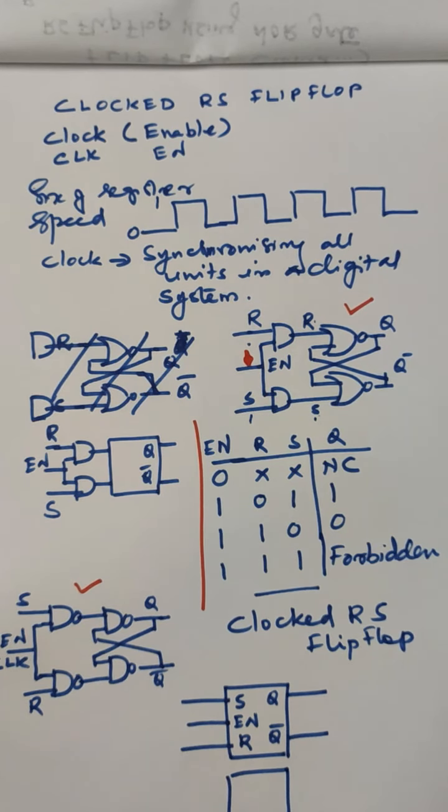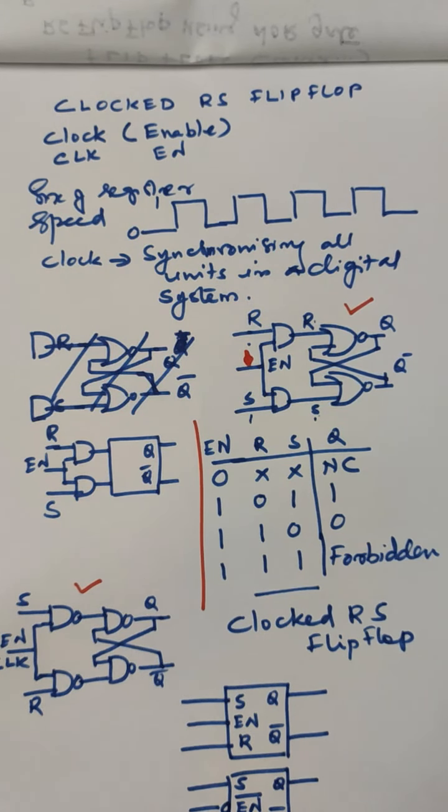So a clocked RS flip-flop with active low enable signal or active low clock is represented with a bubble at the enable side, and usually EN bar is used. S, R, Q. Usually active low signals are represented with a bar on the variable name, and if it is active high, it is written directly.